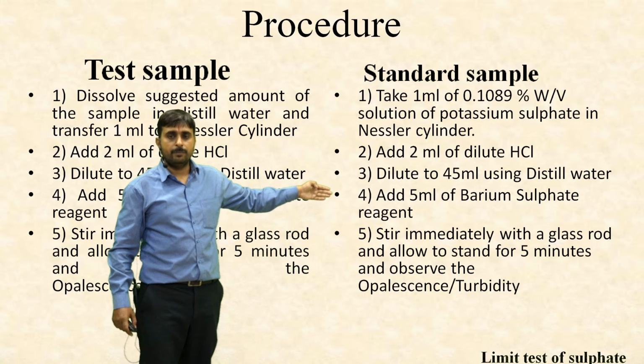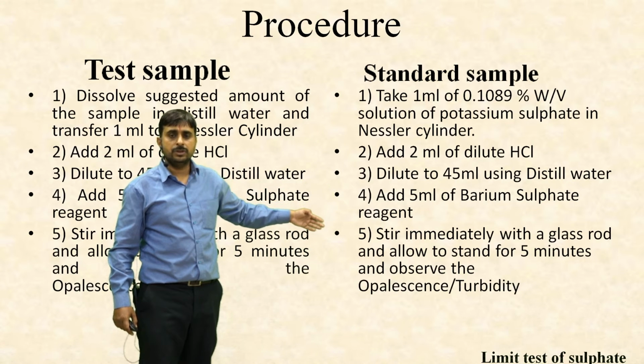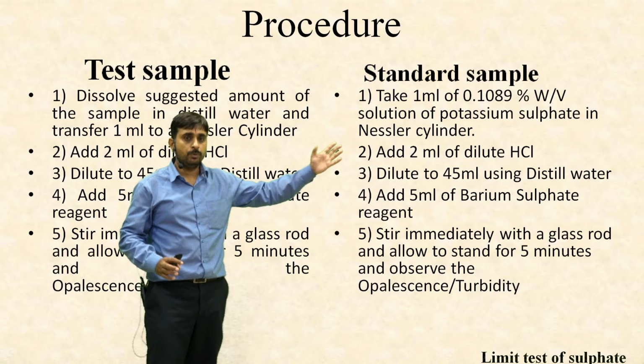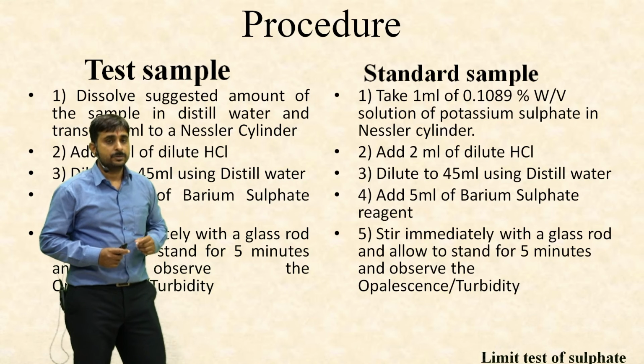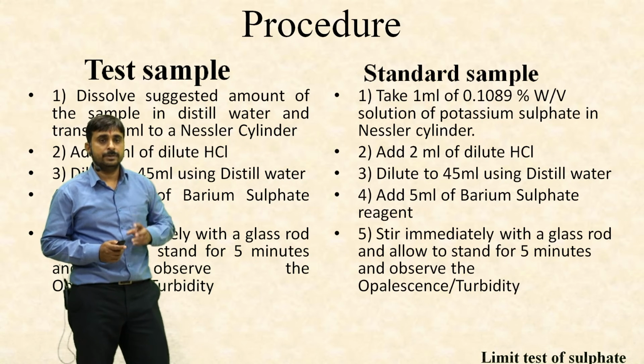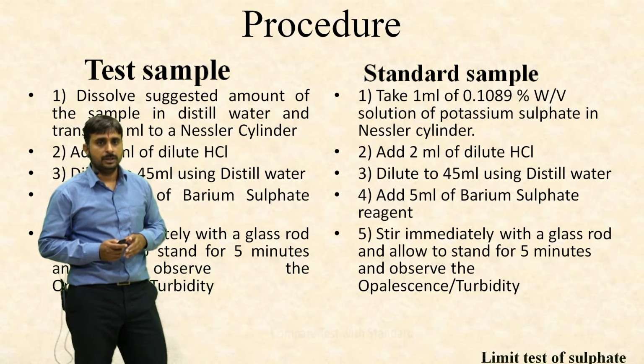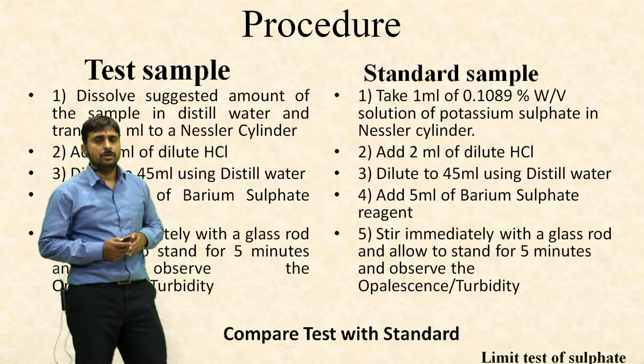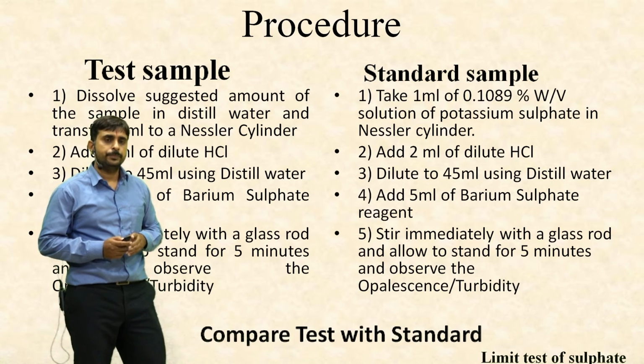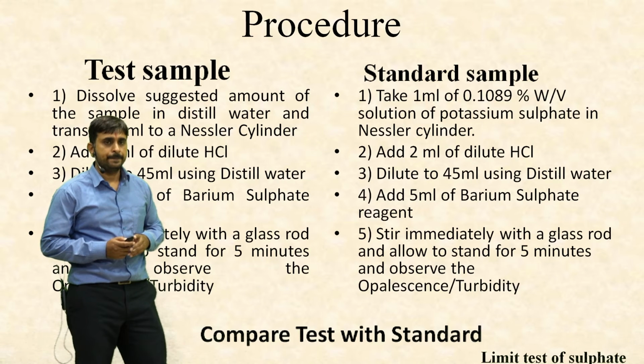We add 5 ml of barium sulfate reagent, and finally, we stir the solution and wait for 5 minutes. We now have both solutions, the test sample solution and the standard sample solution, and we will compare the turbidity or opalescence of both and come to the inference.